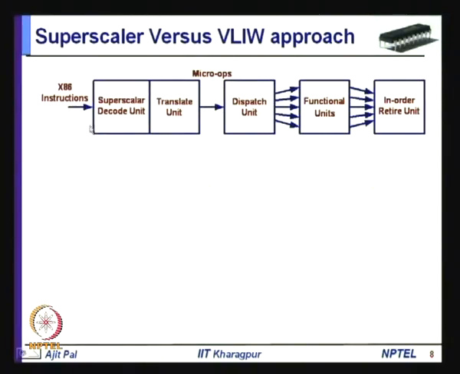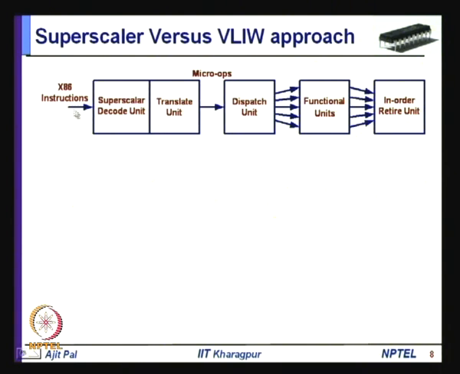These complex instructions are received by a superscalar decode unit. The superscalar decode unit will do the decoding and decompose a single complex instruction into multiple simple RISC like operations. That is being done by the decoding and translation unit.